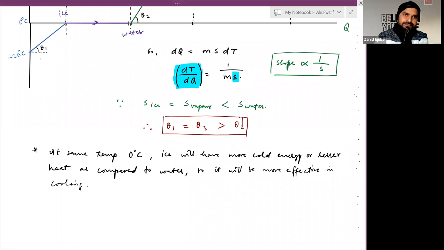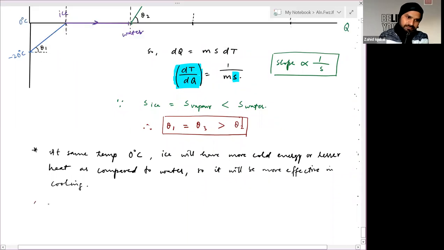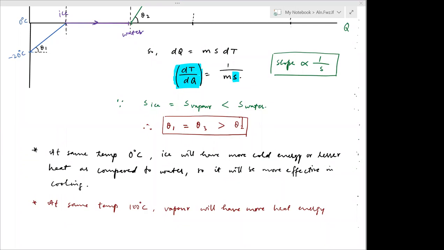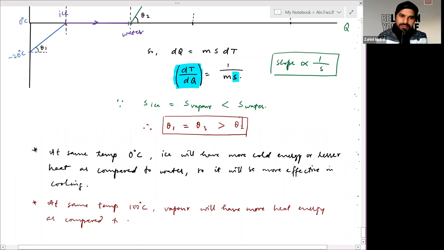Next one, at the same temperature, 100 degrees Celsius, vapor will have more heat energy as compared to water.